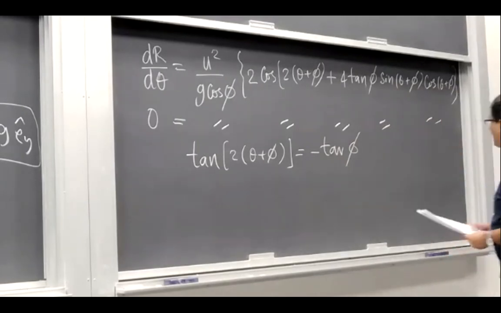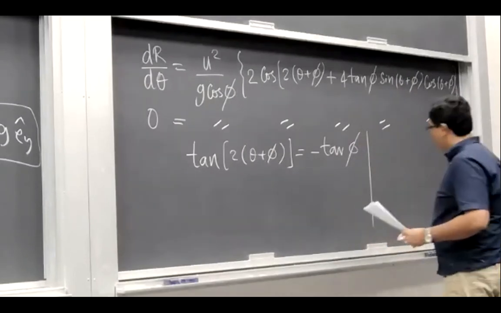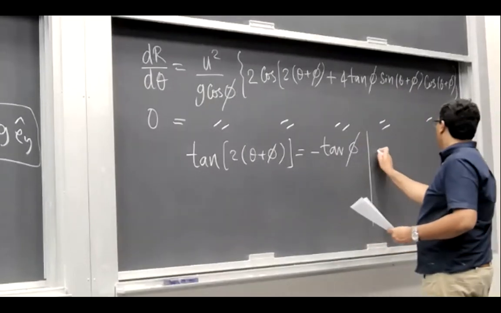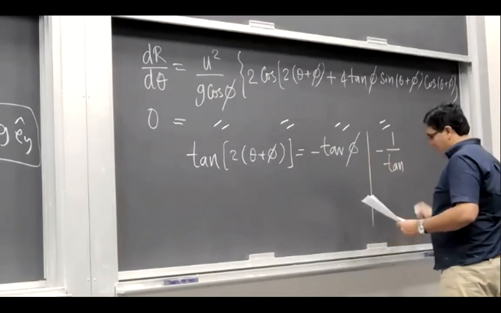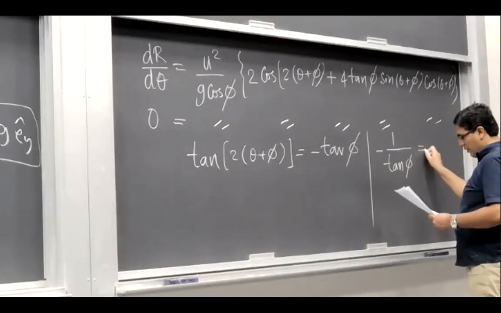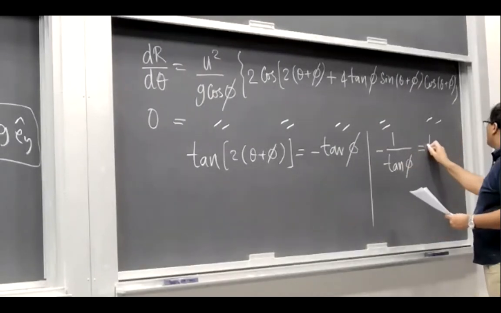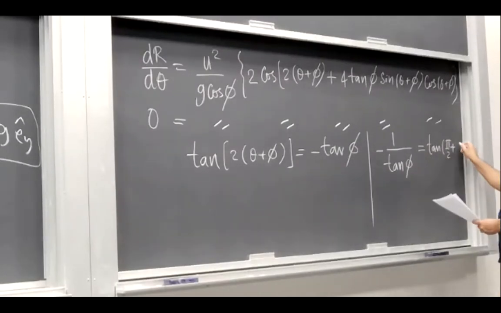So we would use a trigonometric identity, and its details are given in your notes, that you can show 1 over tangent of phi is in fact equal to tangent of pi by 2 plus phi. Okay.